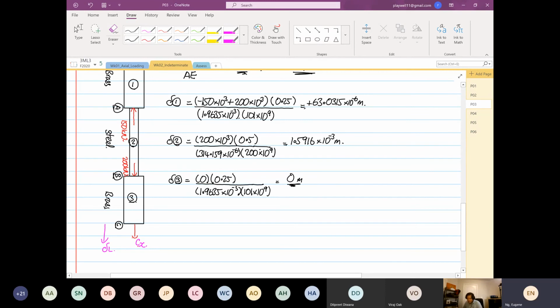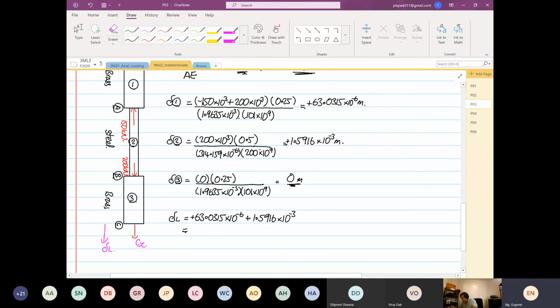Okay, so from here, we are going to calculate the deflection due to the load. Sorry, this is also positive. So you have positive 63.0315 times 10 to the power minus 6, plus 1.5916 times 10 to the power minus 3.